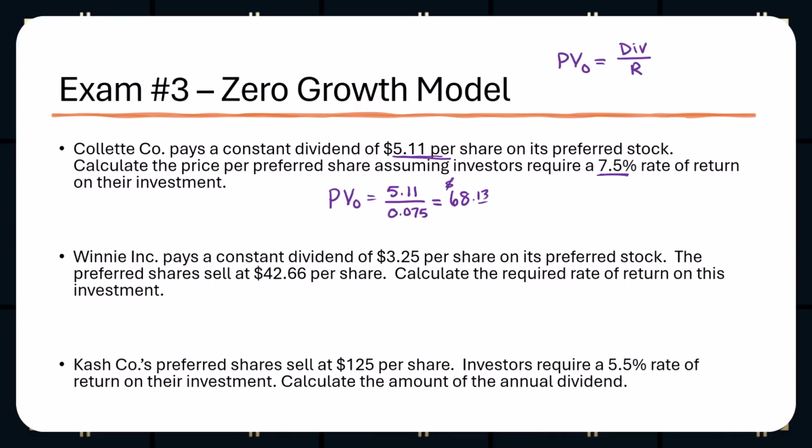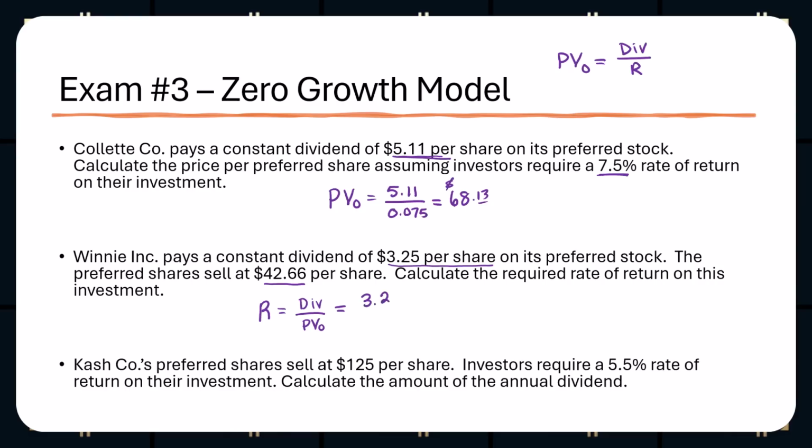Winnie Inc. pays a constant dividend of $3.25 per share on its preferred stock. The preferred shares sell for $42.66 per share. Calculate the required rate of return on this investment. All we're going to do is simply rearrange the formula, and now we have dividend divided by price, which hopefully you recognize is in fact the dividend yield.